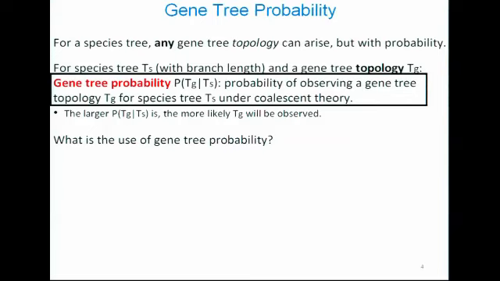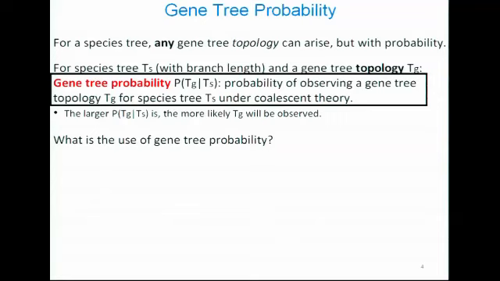It's very easy to see that no matter what a gene tree topology is, that topology can always arise in any species tree. But each gene tree topology will carry a different probability of being observed in a particular species tree. To better quantify this, we have this notion called gene tree probability.